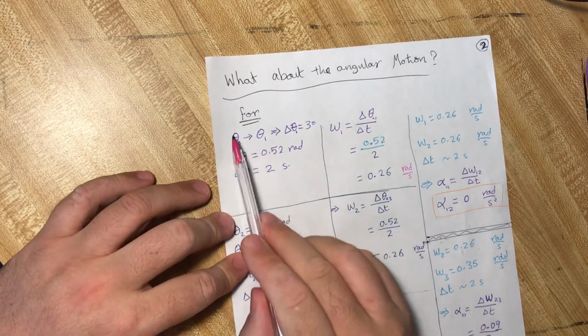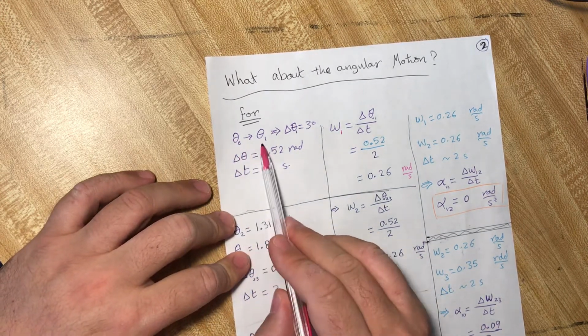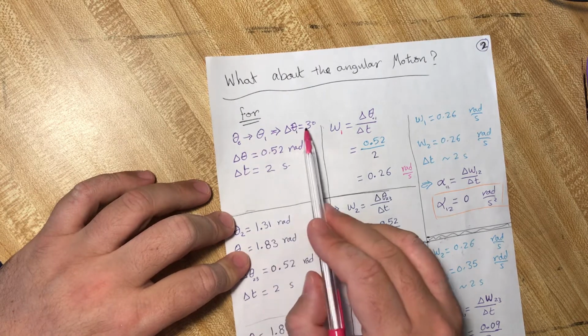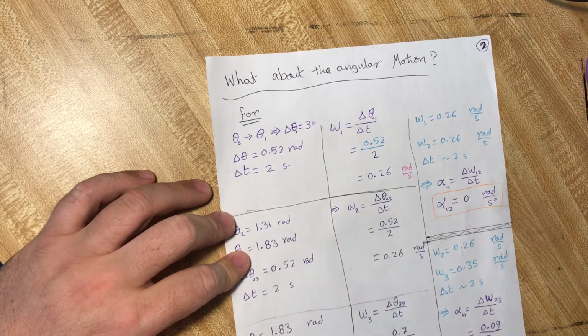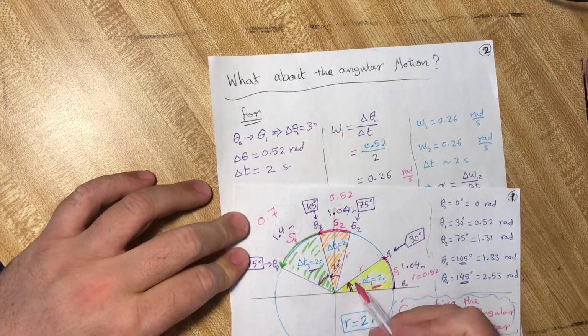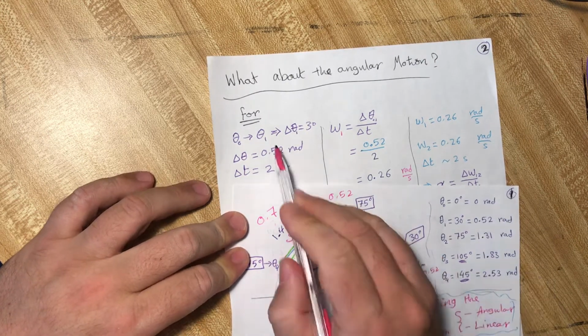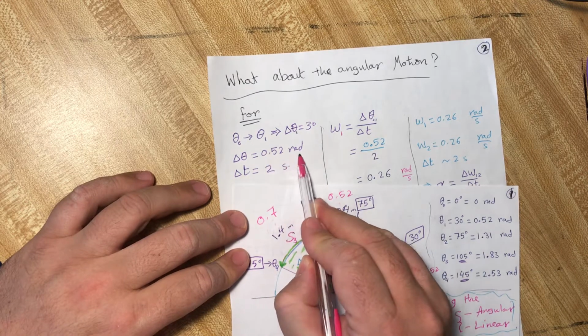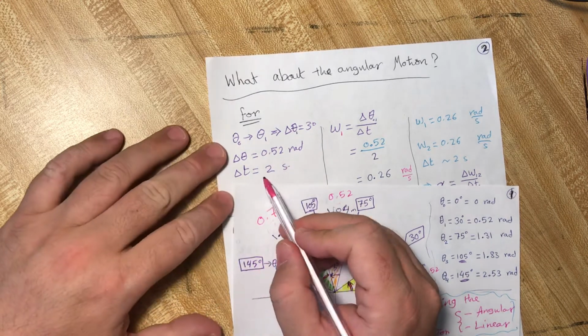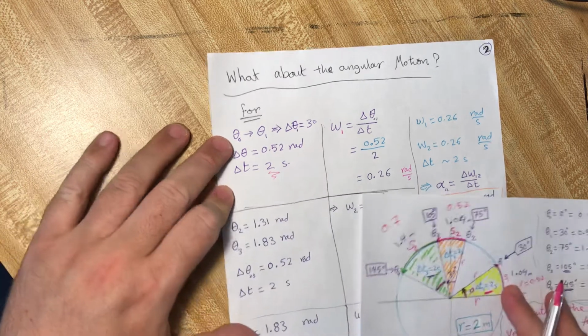For the thetas, we have the motion from theta 0 to theta 1. Delta theta in this section, the yellow section, is 30 degrees, as we see, from 0 to 30, which is equal to 0.52 radians, during 2 seconds.